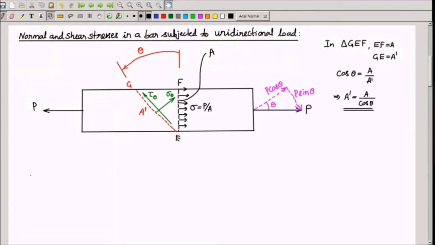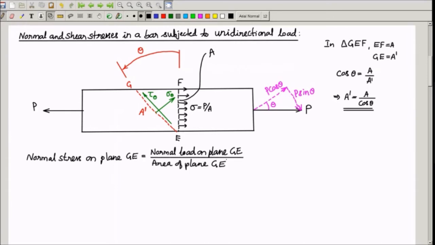Now we will define the normal stress on plane GE. Normal stress on plane GE is the normal load on plane GE divided by the area of plane GE. What is the normal load on plane GE? It is P cos theta. So P cos theta is the normal load, divided by the area of the plane, which is A dash.